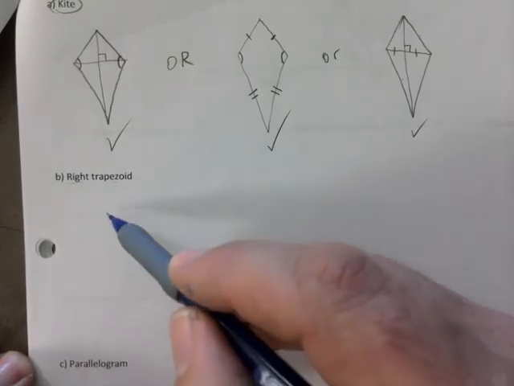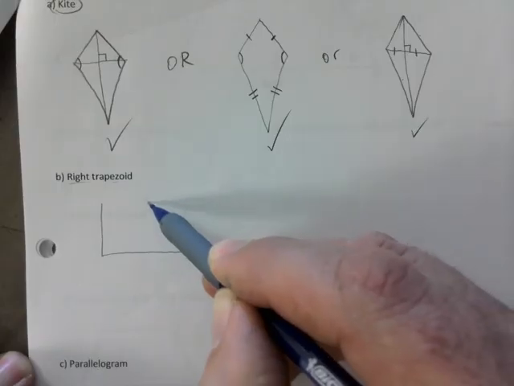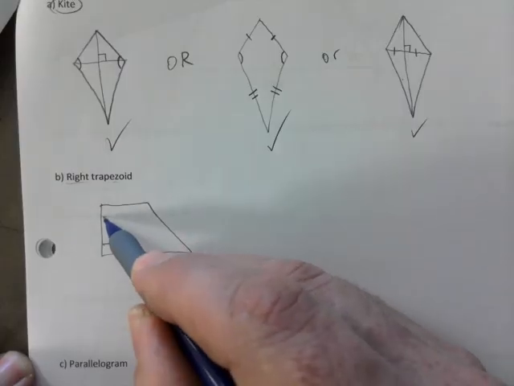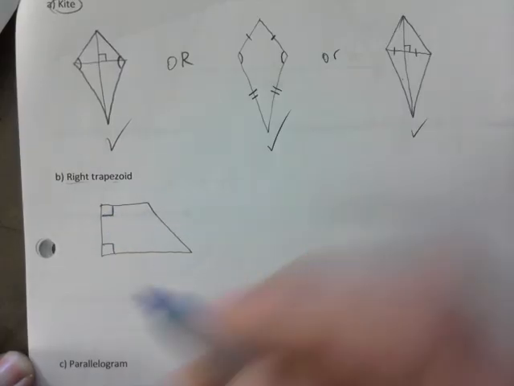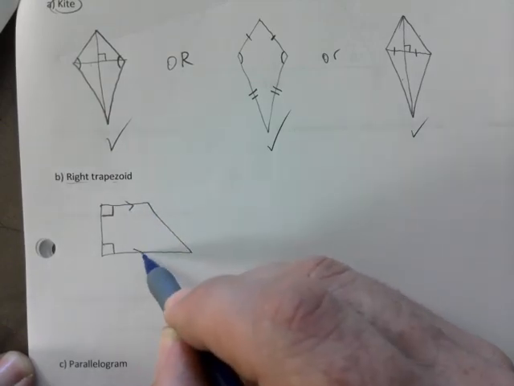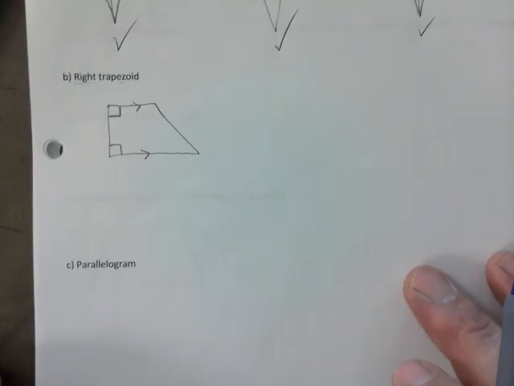A right trapezoid: you know the general shape, but that's not good enough. If you talk about right angles, talk about all the angles that are 90, and then talk about the fact that those are parallel. There's not much else to do with a right trapezoid, so we're going to leave it at that.